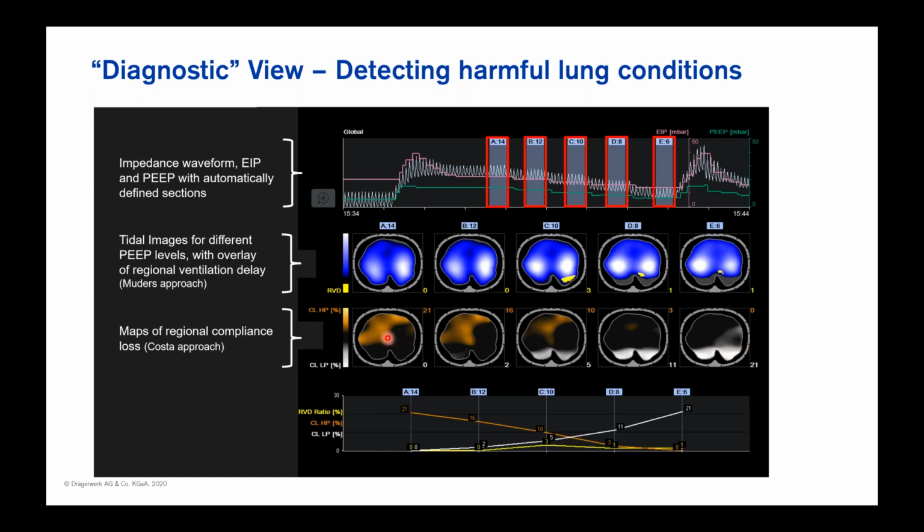These two opposing effects typically result in an opposed signal in the overdistension and the collapse. And this crossing point between these two graphs can be interpreted as the best compromise between overdistension and collapse. In a recent study, this intersection point has been used to set the optimal PEEP.